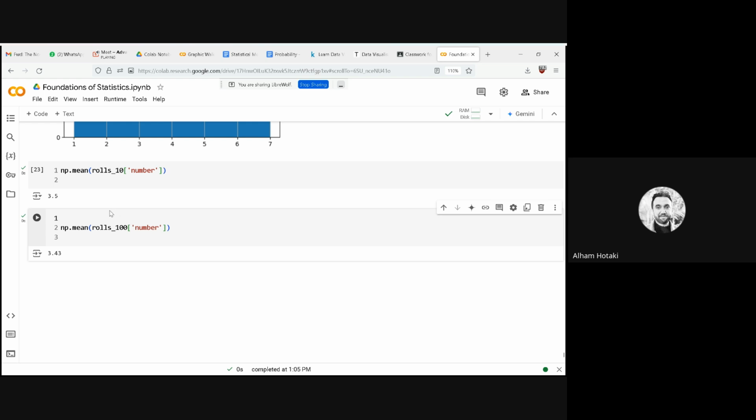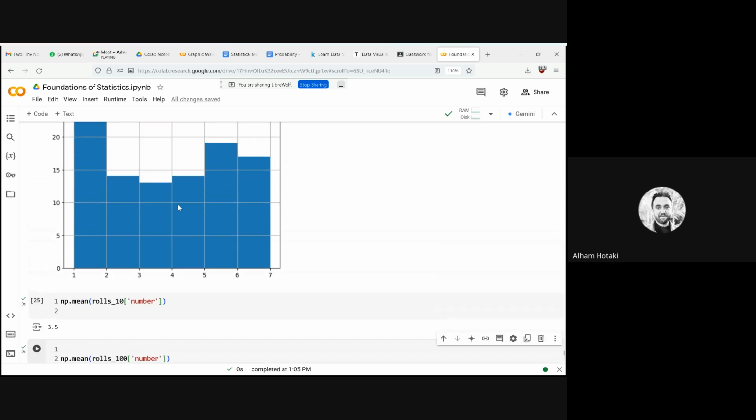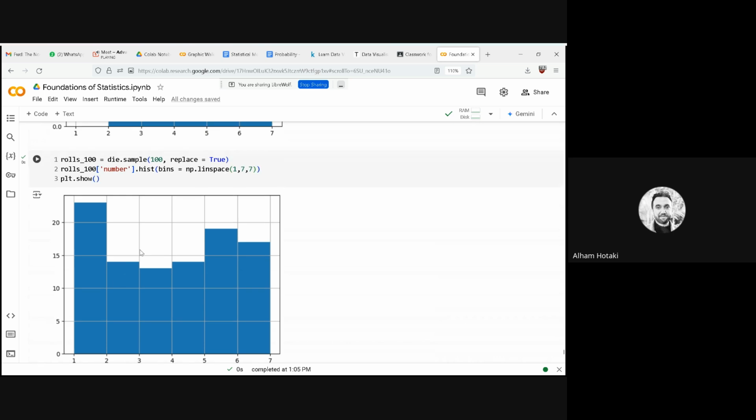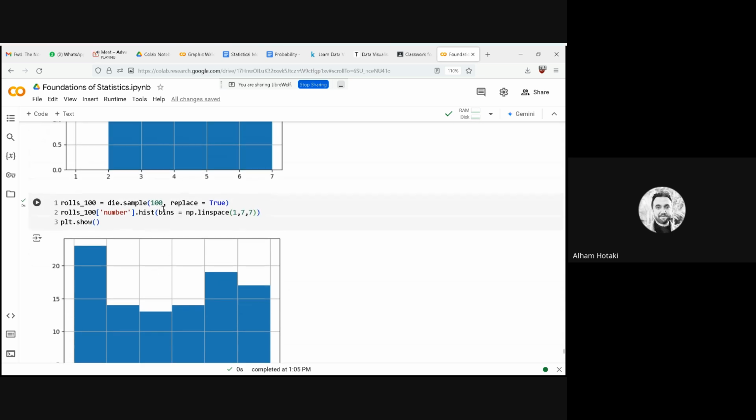So whenever you're rolling different numbers of times, you will be receiving different means. We got 3.43 and 3.5, so it's almost equal. Whenever you're increasing the number of samples, whenever you are rolling the die many times, we theoretically have 3.5.